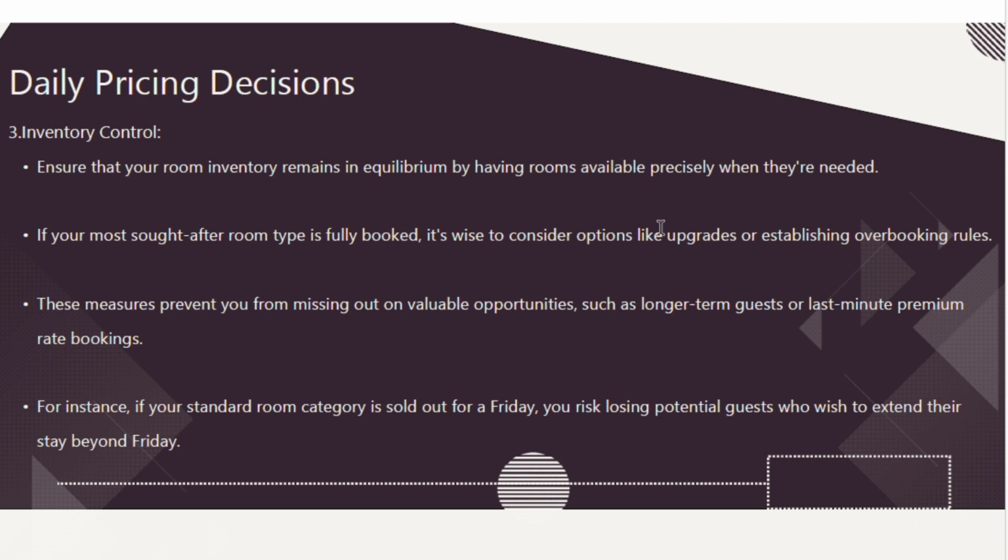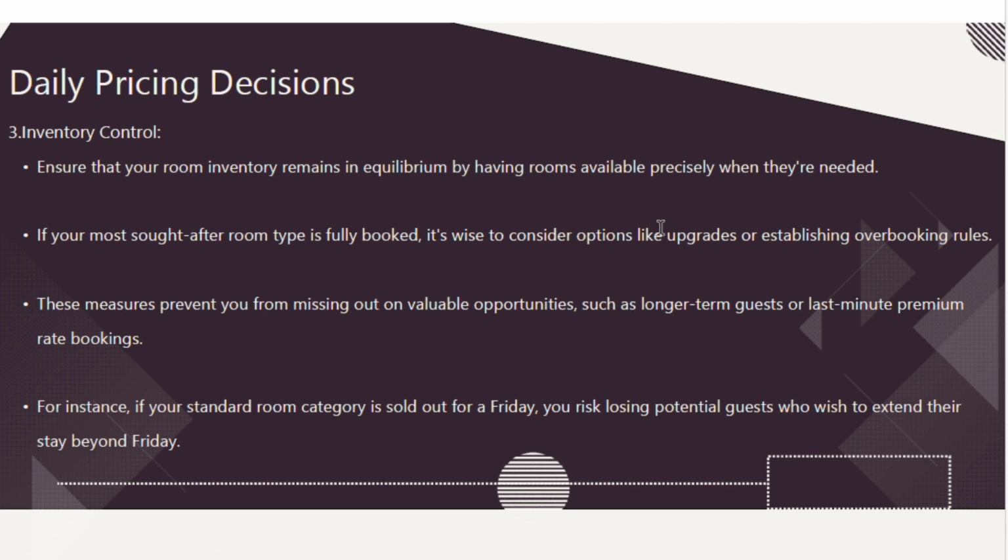So these measures will prevent you from missing out on available opportunities such as long-term guests or last-minute premium rate bookings. As I mentioned in the first point, you might want to keep some of your rooms from the lowest room category. You can close them and start selling the high room categories, but then at the end, for last minute bookers, for example, you just open the standard room category, booked at a high premium rate, which obviously helps you in optimizing the ADR for that particular room type.